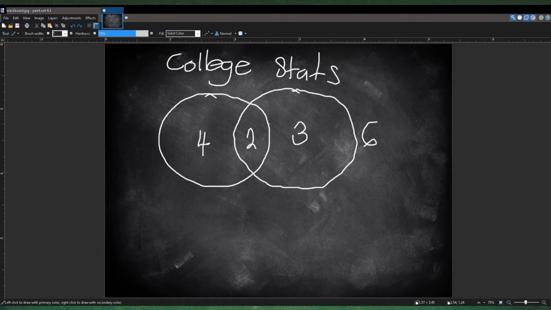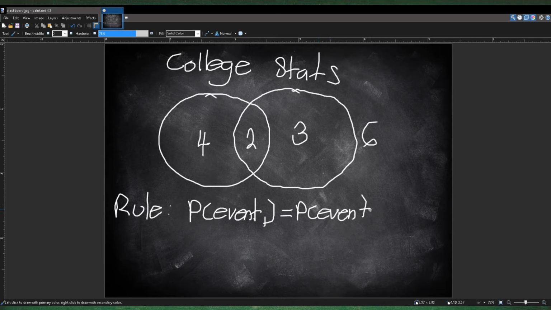There's a really easy way to prove if it's independent. It's just using a mathematical rule. The rule is the probability of event 1 is equal to the probability that event 1 occurs given event 2. What this basically means is, out of event 2's probability, what's the probability that this occurs?